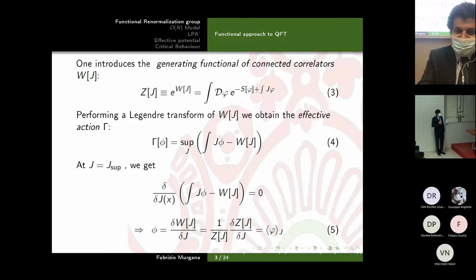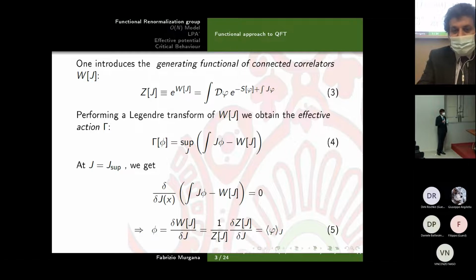There is a more efficient way, let's say, to store information about quantum field theory, which is the generating function of connected correlators, which is this W[J], which is basically just the logarithm of Z[J]. And once you have this W[J], via a Legendre transformation, you can define this Gamma, which is the effective action.